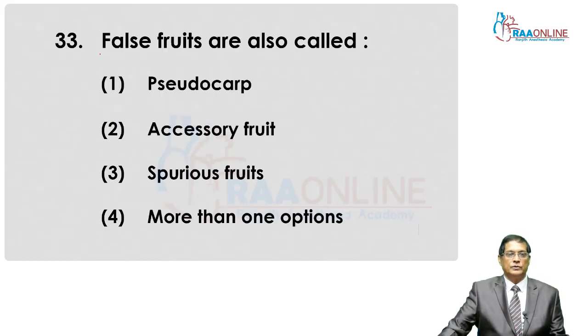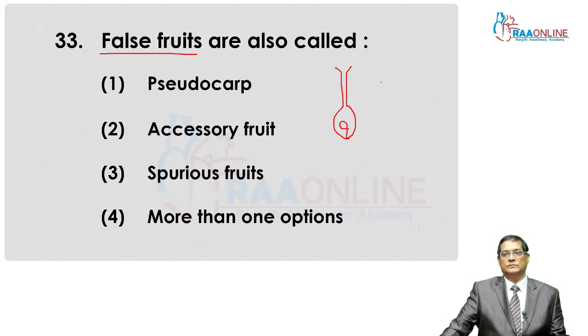Now come to the fruit. First question of fruit, that is false fruit, true fruit. This is a structure of carpel and its swollen base is the ovary. And within the ovary, ovule is present.